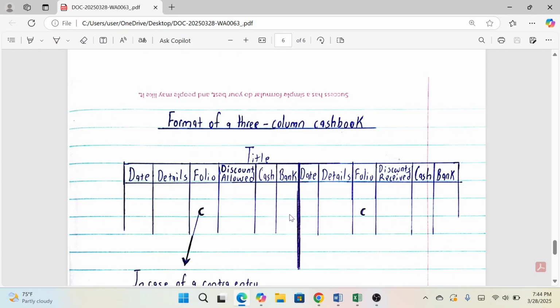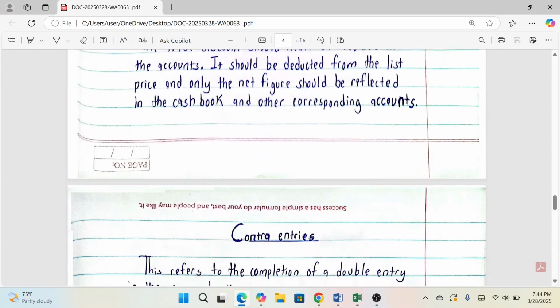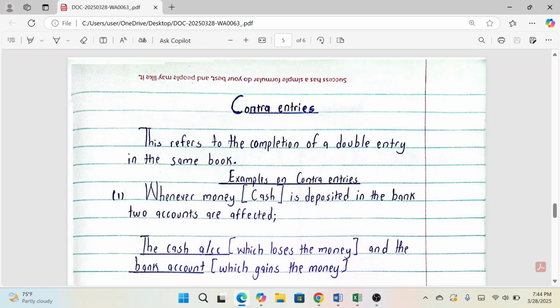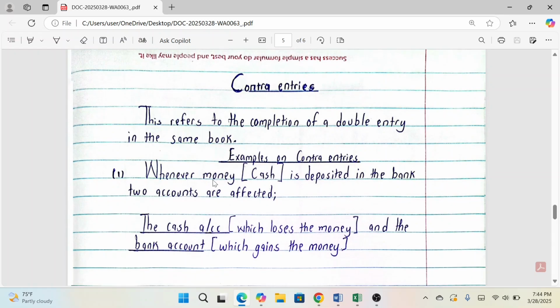You put 10 million here, which is a contra entry on the same line. Like this transaction, this side must show that it was a contra entry on the folio, and this side must show that it was a contra entry on the folio. I'm going to give you more details on that later. I was just trying to relate this to what a contra entry is.